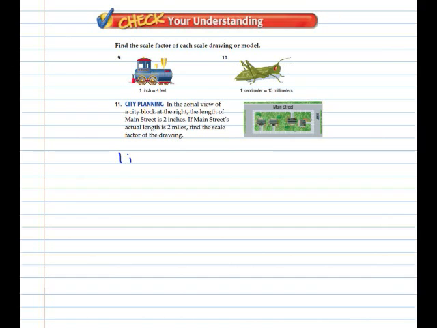Find the scale factor of each drawing. 1 inch to 4 feet. In number 9, 1 inch to 4 feet means 1 inch, 12 inches per foot, 48 inches. So our scale factor is 1 to 48. In our grasshopper, they're confusing us a little bit here.